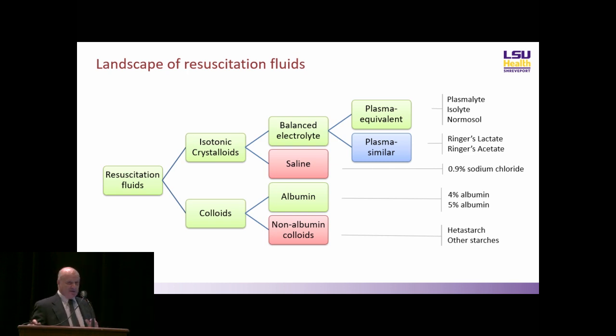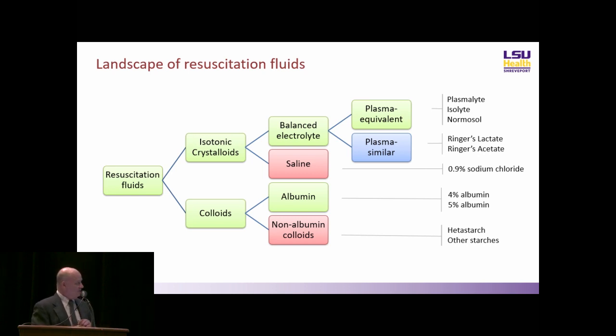Now, with respect to balanced electrolytes, I further break it down into plasma equivalent and plasma similar. And I'll go more into detail about what the composition of these fluids are. But plasma equivalents are going to be the ones you're familiar with: Plasmalite, Isolite, Normasol, all the same thing, different brand names.